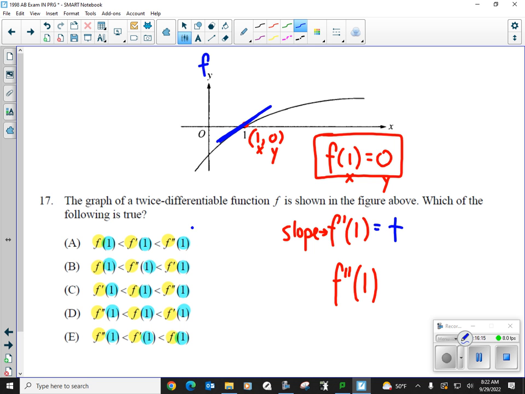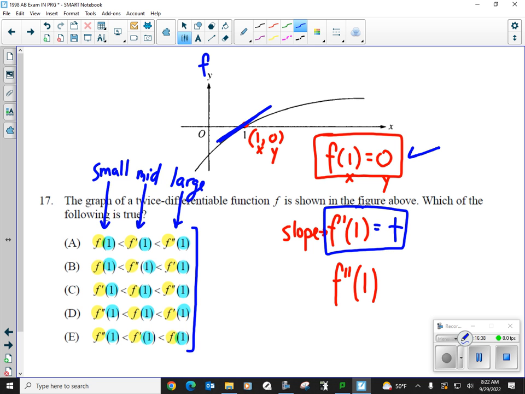And if I look at my answers, I'm comparing them in an inequality. So the smallest value is listed first. The middle value is listed next. And the largest value is listed last. Right now, anything that's positive is definitely bigger than 0.